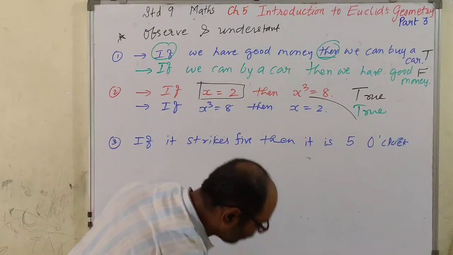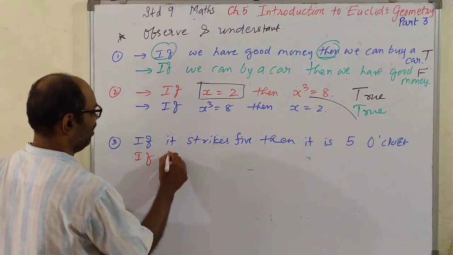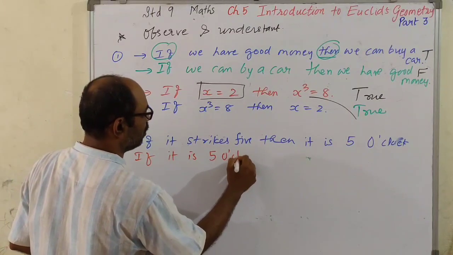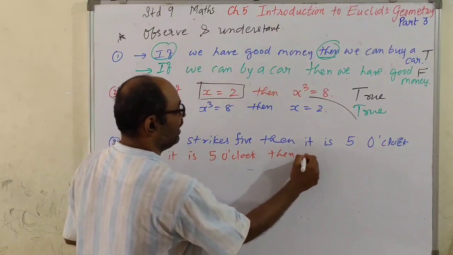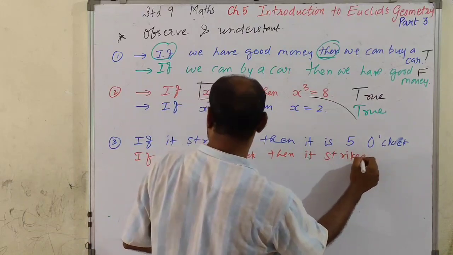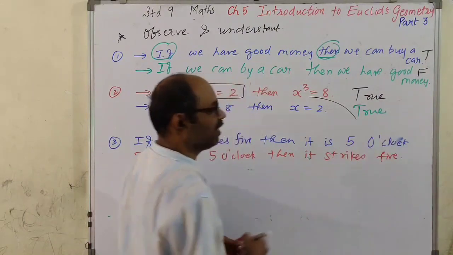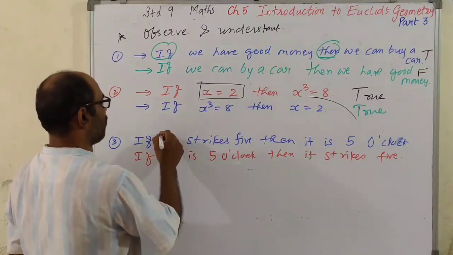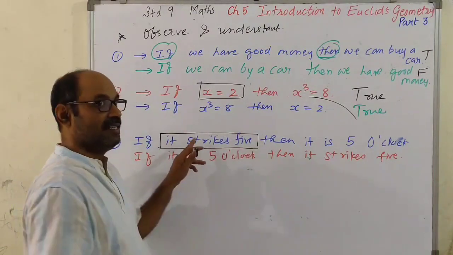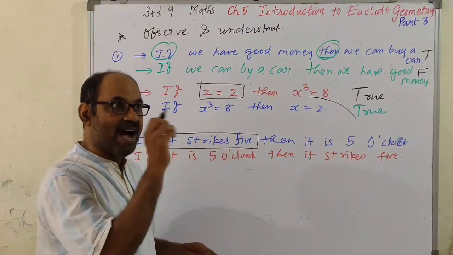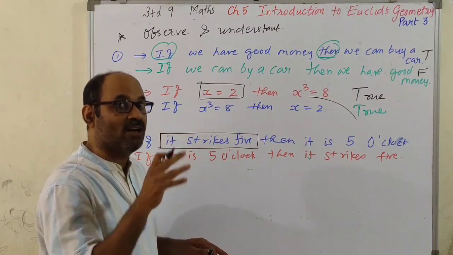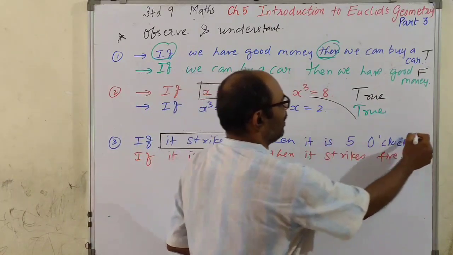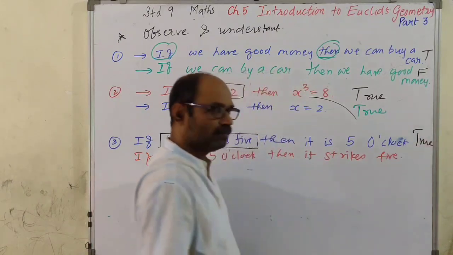Its converse: if it is 5 o'clock, then it strikes 5. Okay? Let's decide the truthfulness. It strikes 5 is the condition. This is right, it is the truth that the clock struck 5 times, so what time is it? 5 o'clock. Yes, so this statement is true.